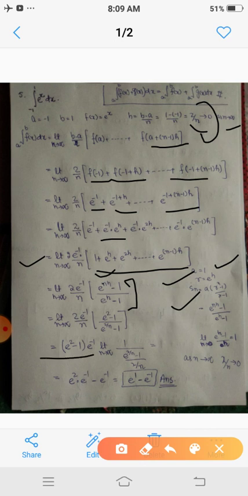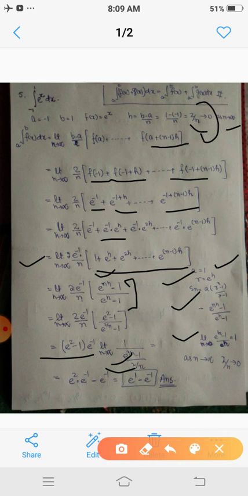And here we get the limit as n tends to infinity of 1 upon (e raised to power 2 by n minus 1).